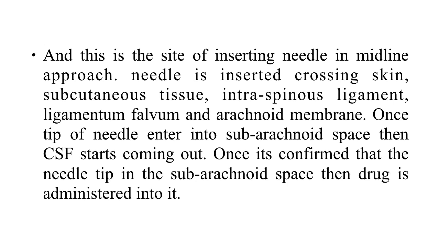Once the tip enters the subarachnoid space, cerebrospinal fluid starts coming out. Once it's confirmed that the needle tip is in the subarachnoid space, then the drug is to be administered.